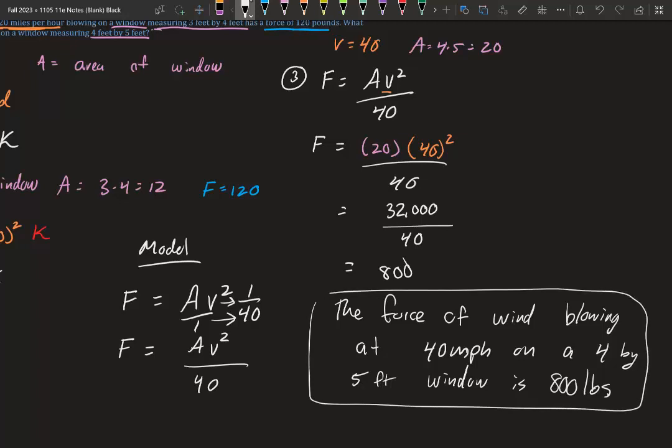The force of wind blowing at 40 miles per hour on a 4 foot by 5 foot window is 800 pounds. 4 foot by 5 feet is not that big of a window. So if it is 40 mile an hour winds and it's hitting the window, that is 800 pounds of force.